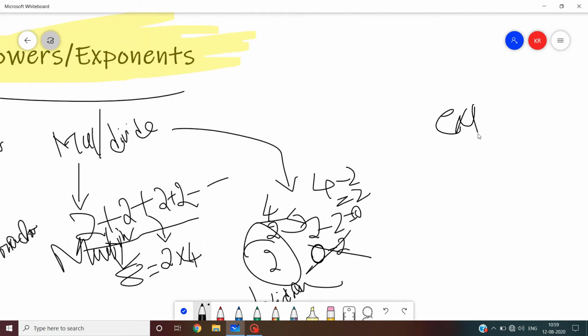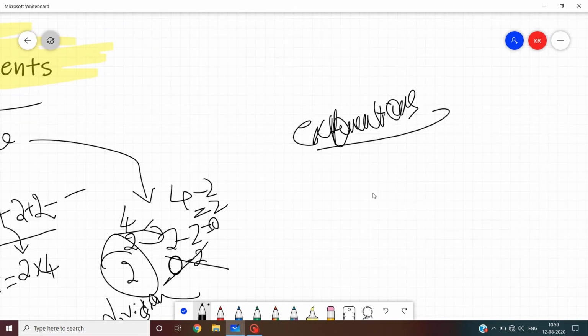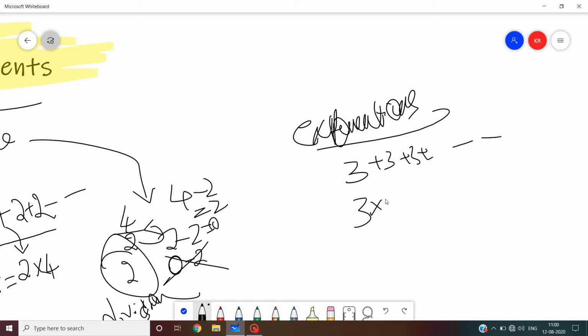We have another one called exponentiation. This arises from a small concept: we have seen that repeated addition is called multiplication. Now I am multiplying the same number repeatedly.